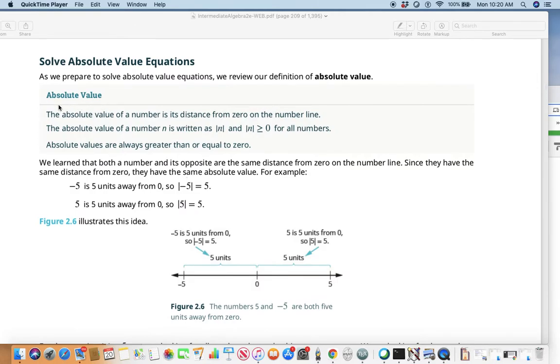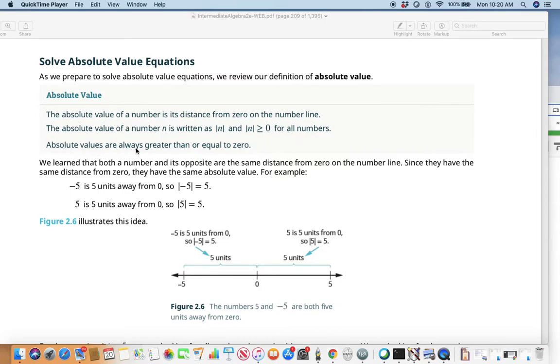Let's recall the definition of absolute value. The absolute value of a real number is its distance from zero on the number line. The absolute value of a number n is written between vertical lines, and the absolute value of n is greater than or equal to 0 for all real numbers.